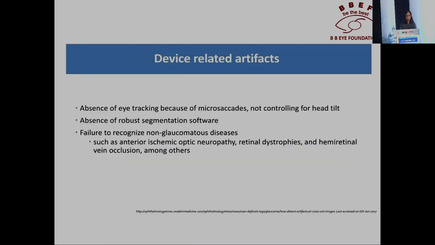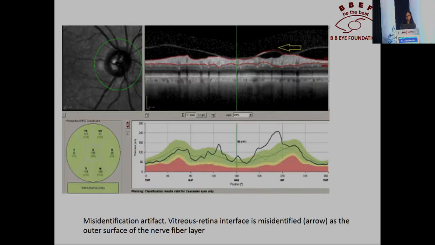So device-related artifacts: absence of an eye tracking system, not controlling the head tilt, absence of robust segmentation software in the OCT, and failure to recognize non-glaucomatous disease, such as anterior ischemic optic neuropathy, retinal dystrophies, and hemiretinal vein occlusion, amongst others, which my other speakers will be talking to you about.